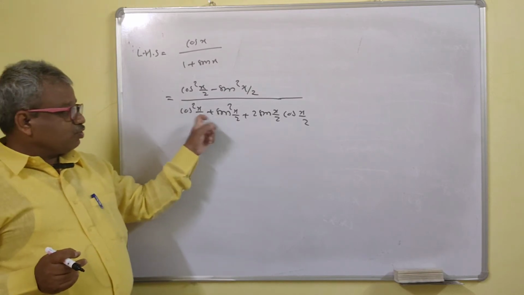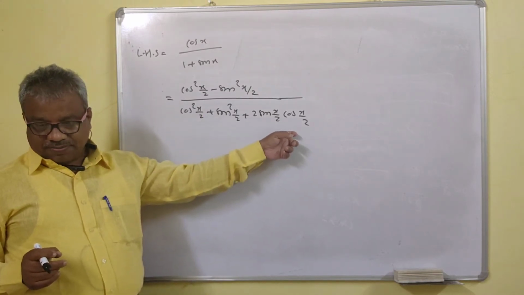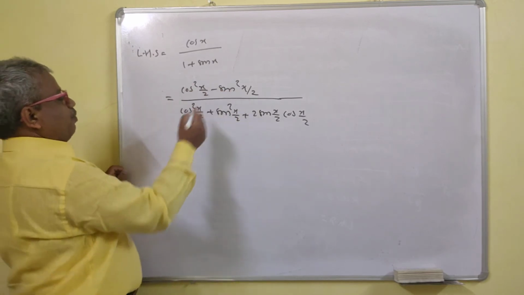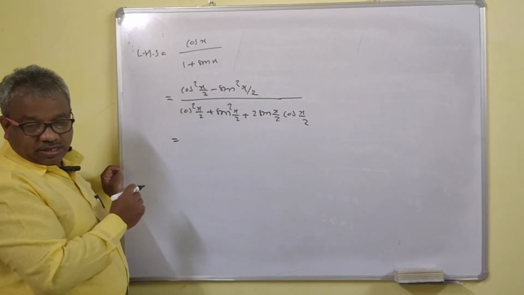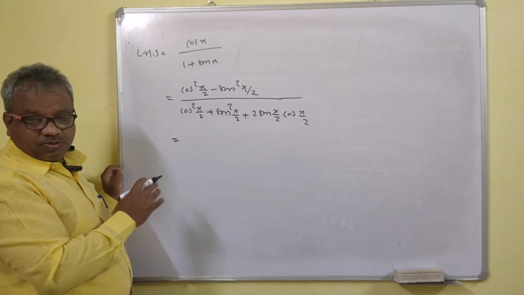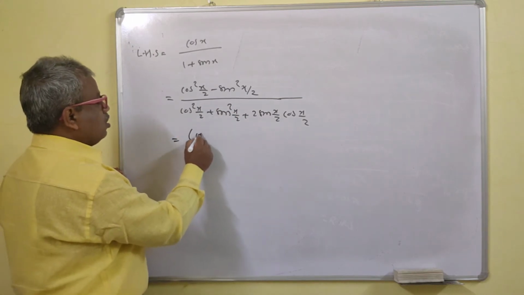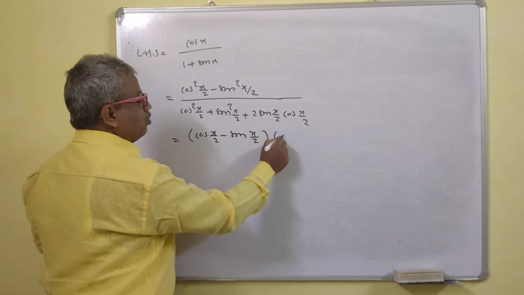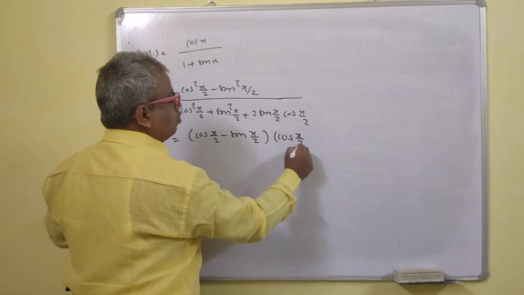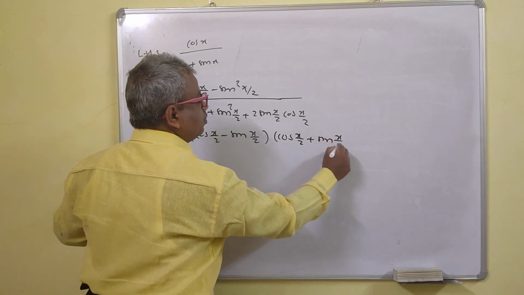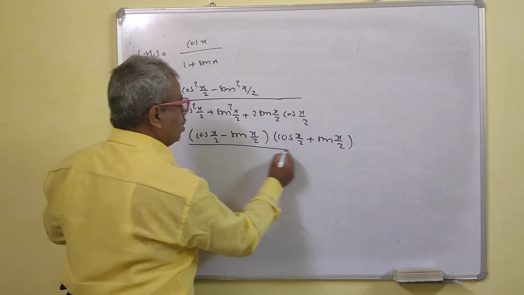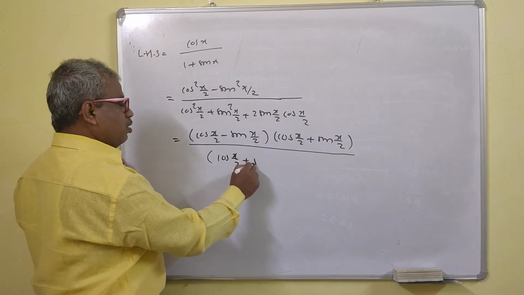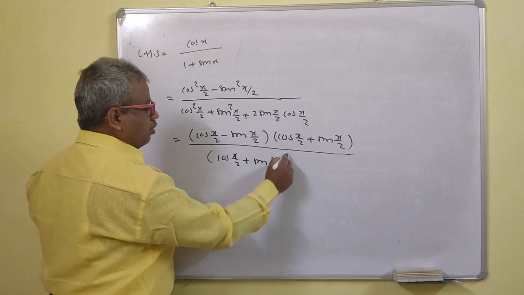Now see, this is what, a square plus b square plus twice ab. So this is what, a plus b square. I will factorize this one. Your numerator is what? A square minus b square. So I can factorize this. So this is what? Cos x by 2 minus sin x by 2, cos x by 2 plus sin x by 2, upon, how I can write the denominator? This is what? Cos x by 2 plus sin x by 2 bracket square.